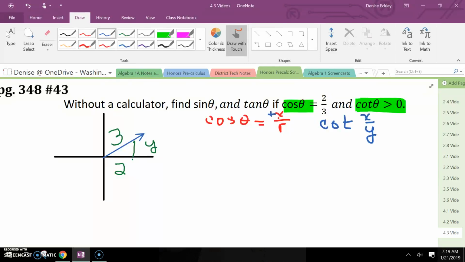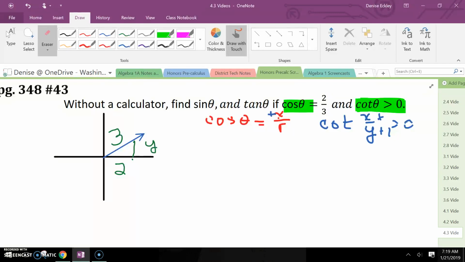R is always positive, given the way it's defined as a square root, the principal square root is always positive. Now we're going to have a positive number on top for cotangent, and we need this value to be greater than 0, so that means my y also has to be positive.